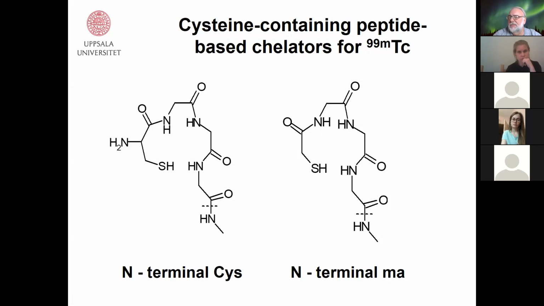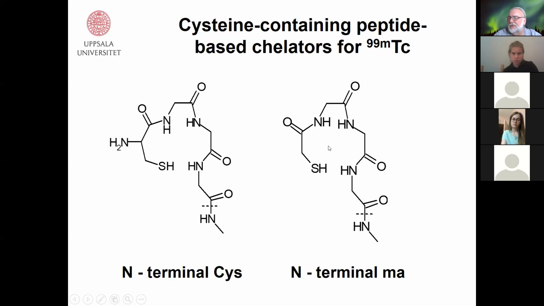So in principle, the presence of N-terminal cysteine is homologous to N-terminal mercaptoacetyl, but the homology is not complete.